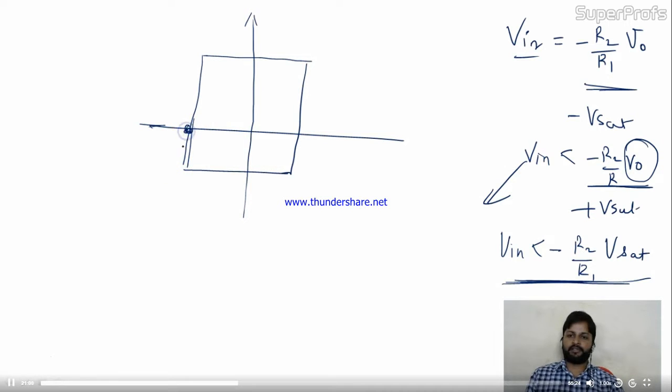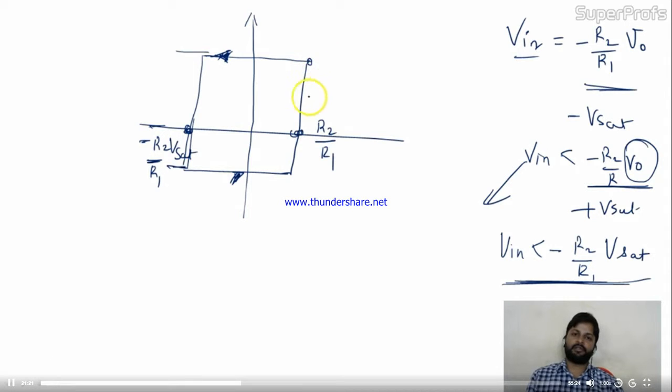So here is the point, minus R2 by R1 of V sat, and your output is coming. Here the direction is like this: plus V sat to minus V sat it will come, and simply over here it will go to plus V saturation. So in the inverting case the direction was clockwise, and here it's anti-clockwise. I hope it's clear.